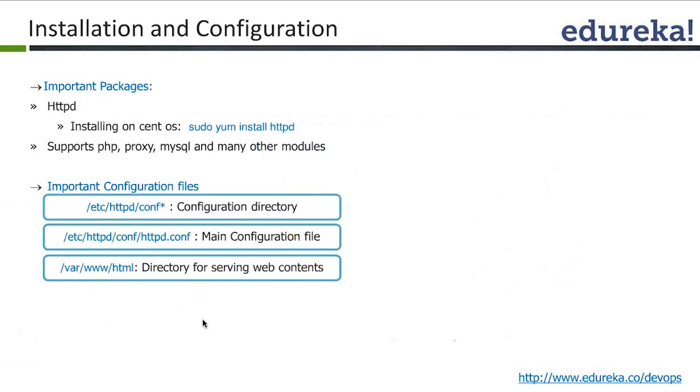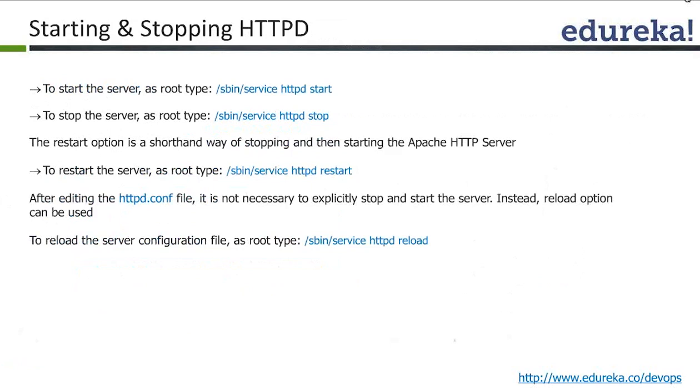When I say objects, these are your images, your HTML files, or any other files that you want to serve through the web. This is how it is configured. And then of course we're going to do the labs of all of these things.